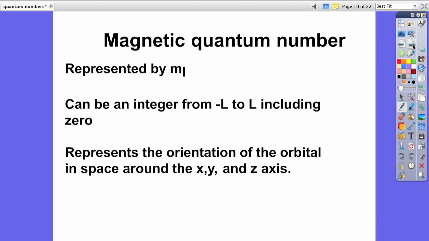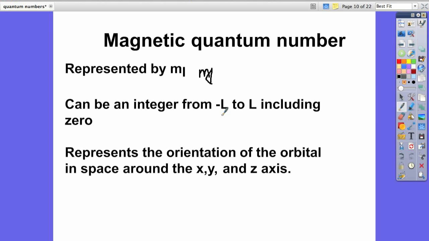The third quantum number is called the magnetic quantum number, and this is represented by m sub l, a little cursive l. How can we determine the value of m sub l?